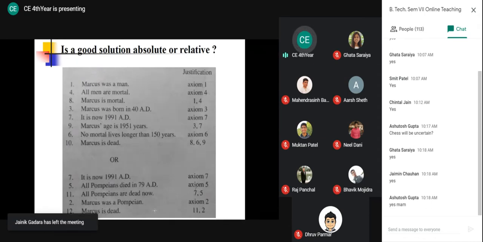In this case, we are interested only in the answer to the question. It does not matter which path we follow, whether we prove it using this or using this.